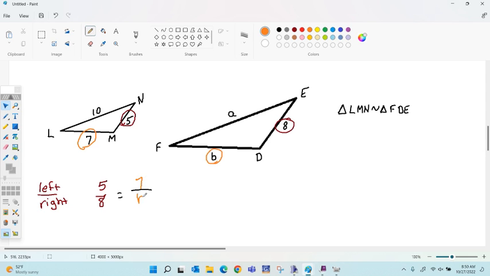Good, because you're going left to right. Notice that in this case, the variable goes in the denominator. It doesn't always have to go in the numerator.